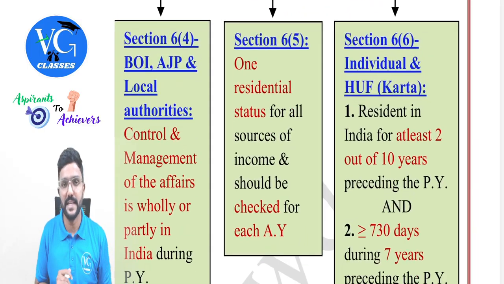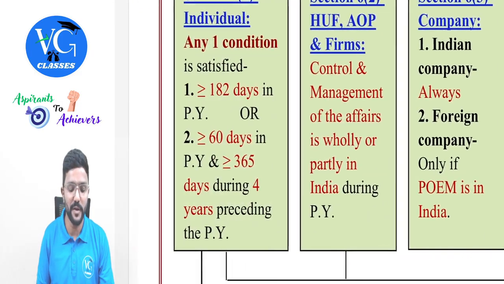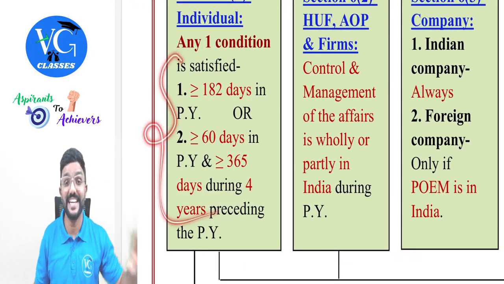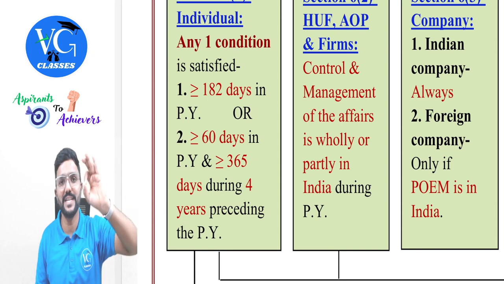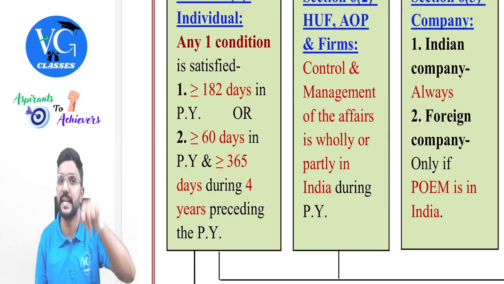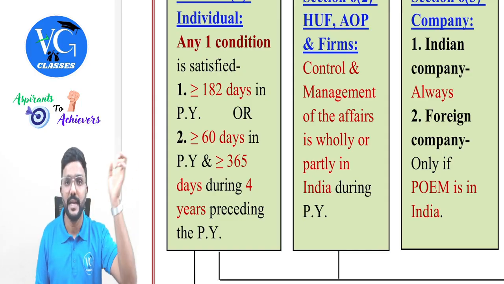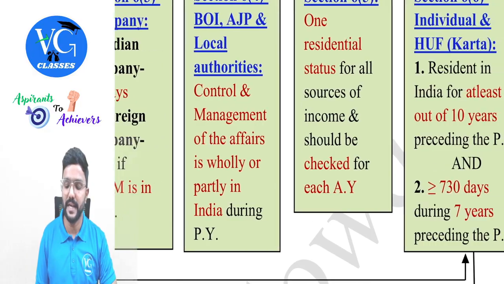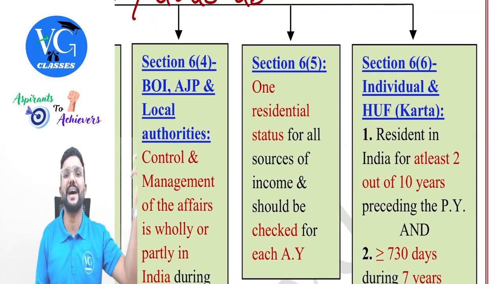And of course, now in the past, that is last 10 years, when an individual will be a resident in India, that is, they have told at least for 2 years out of last 10 years, they should be resident in India, right? Yes, sir. When they will be resident, if they have satisfied any one of this condition, correct? That is in the past. If an individual has satisfied any one of this condition, then they would have become resident in that respective year. In that scenario, can we consider that they were resident in that past year?